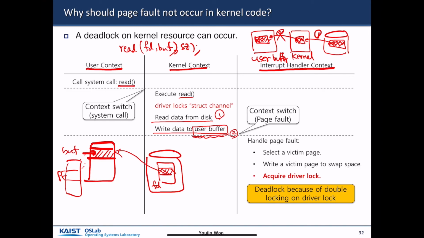But here's a problem. We already established an exclusive lock on the disk. So when the page fault occurs here, if the interrupt handler tries to access the disk and lock the disk to bring the new page, then it generates a deadlock because it tries to acquire a lock that has already been locked by itself.